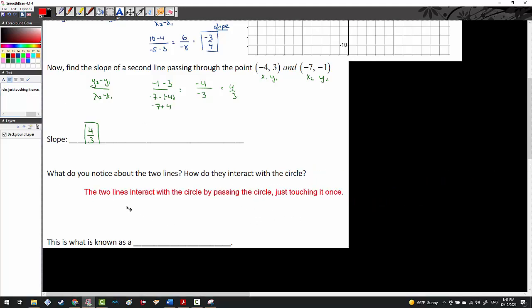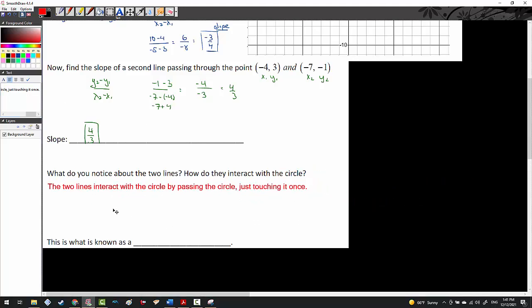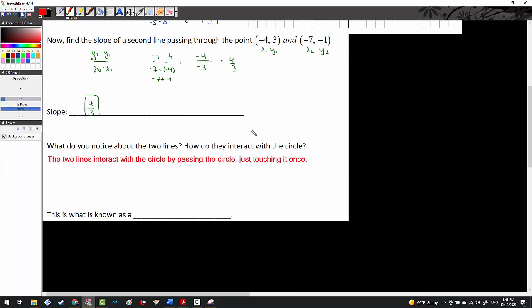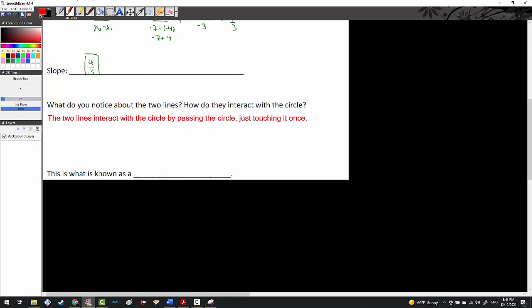Now, when we studied systems of equations, we actually saw this effect happen. Sometimes we had a line that only touched the parabola once, or in this case, we have a line that only touches the circle once and passes right over it.